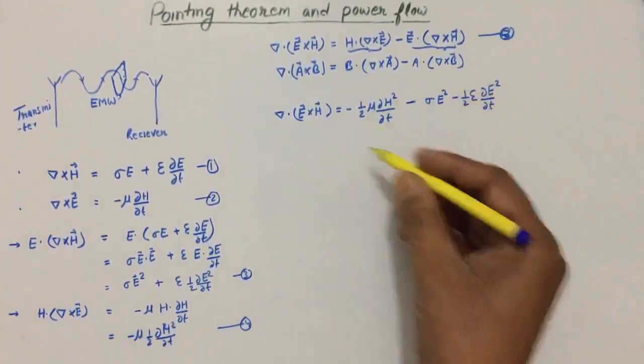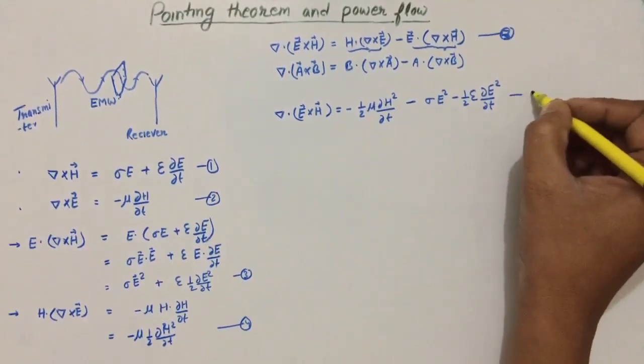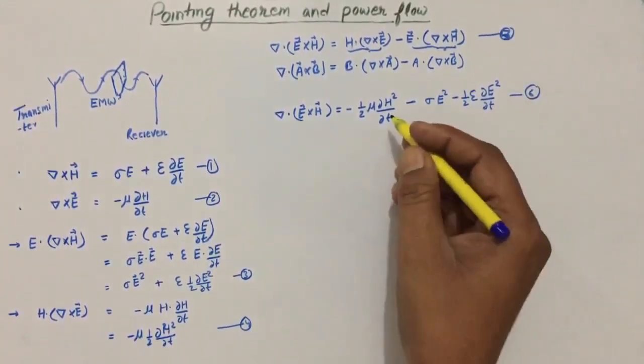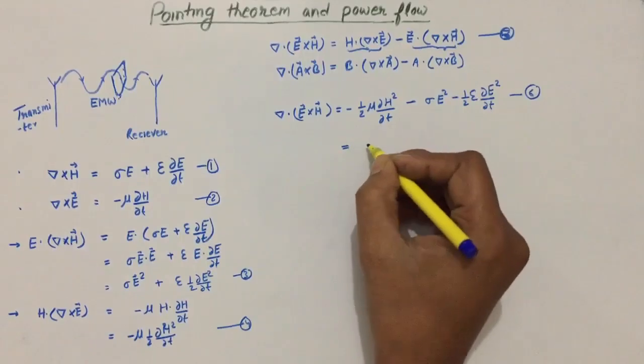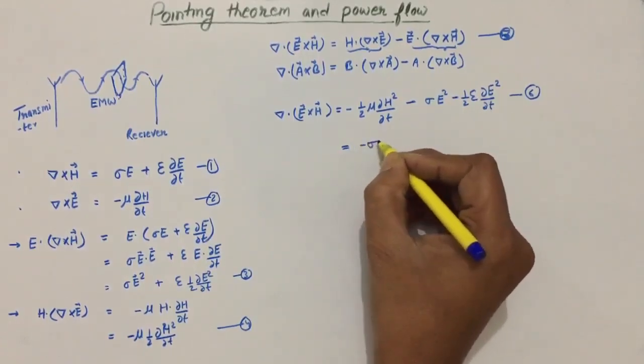We have this relationship. Name it equation 6 and rearrange to make it simpler.